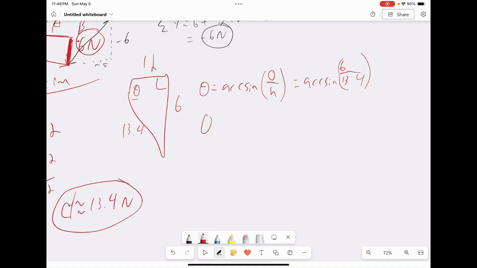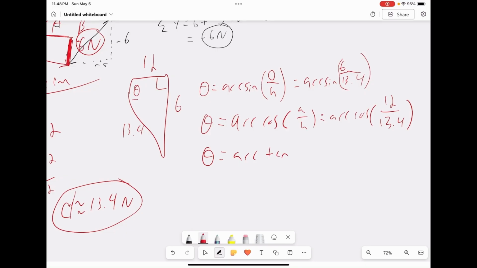We could say theta equals the arc cosine of adjacent over hypotenuse, which is the same as arc cosine of 12 over 13.4. Or we could say theta equals the arc tangent of opposite over adjacent, which is the same as the arctangent of 6 over 12.